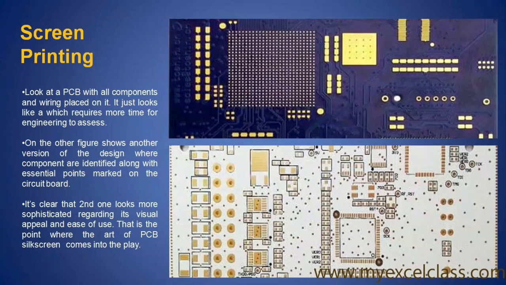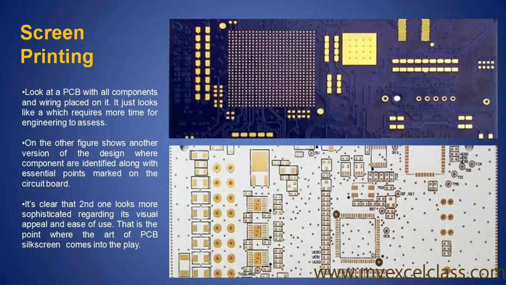After that, in my last point, it's clear that the second one looks more sophisticated regarding its visual appeal and ease of use. That is the point where the art of the PCB silkscreen comes into play.